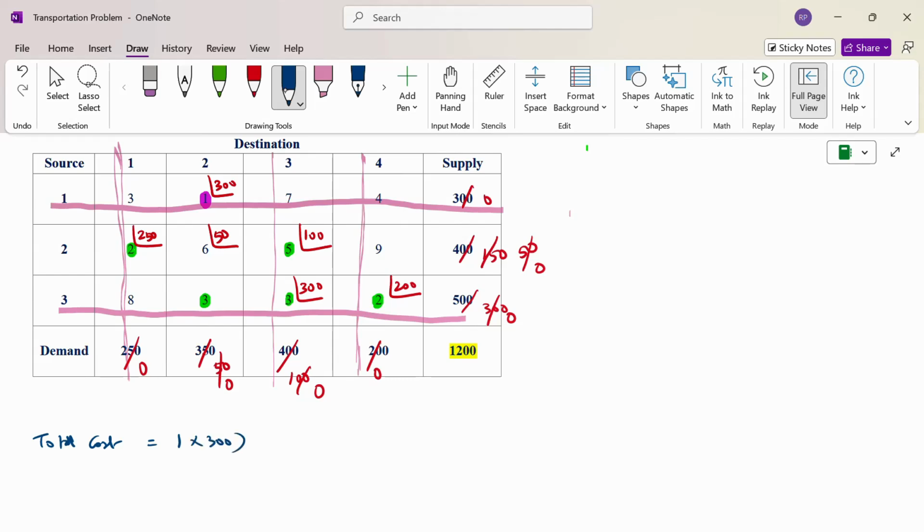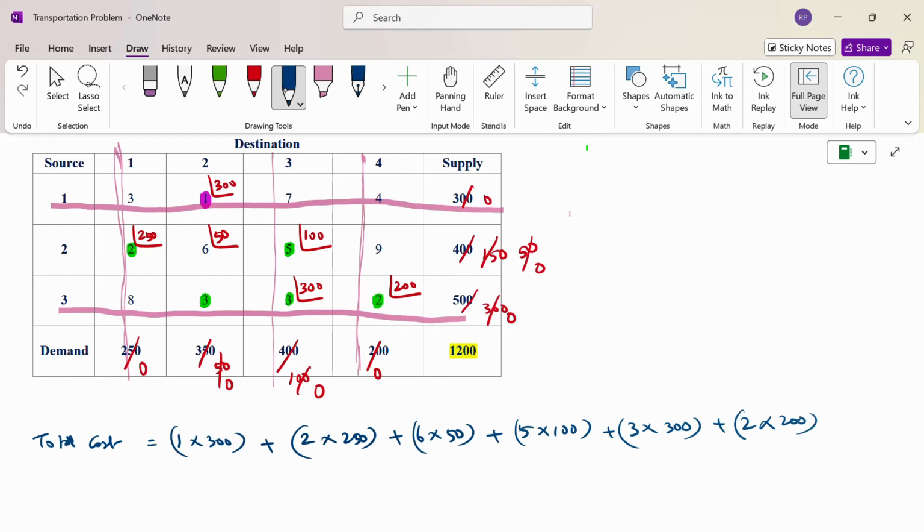Now the total cost: 1 into 300 plus 2 into 250 plus 6 into 50 plus 5 into 100 plus 3 into 300 plus 2 into 200.